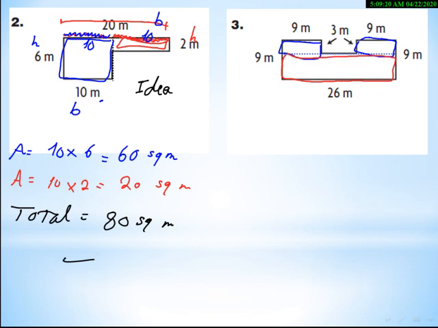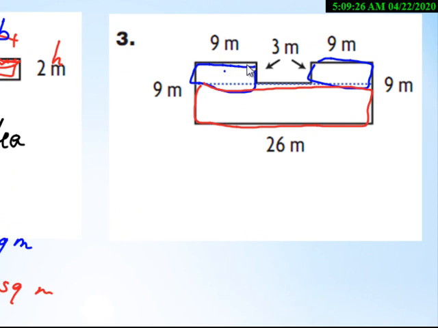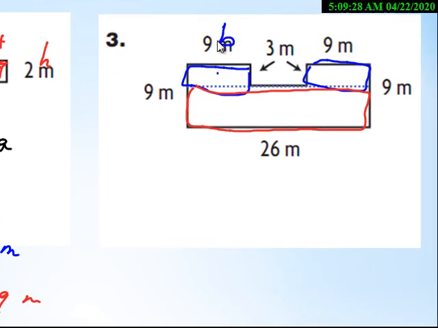Alright, let's solve the first one. Here, its base is clear for me. Its base is 9 and its height is also clear for me: 3. Here is its height. Great. So this rectangle is clear for me, its base and its height.